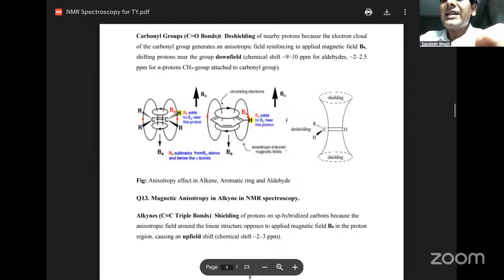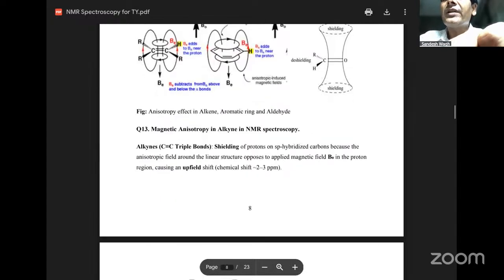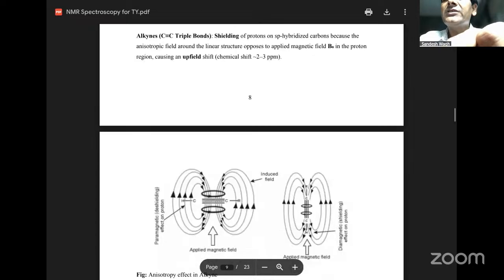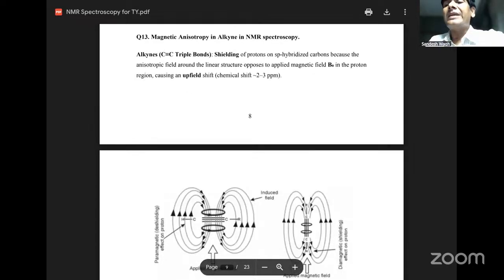Now there is a slight difference in the case of the triple bond. The triple bond has sp hybridization, whereas the double bond is sp2 hybridized, with a trigonal planar structure. In the case of the alkyne triple bond, the structure is linear, and the linear structure has freedom to move in different directions.